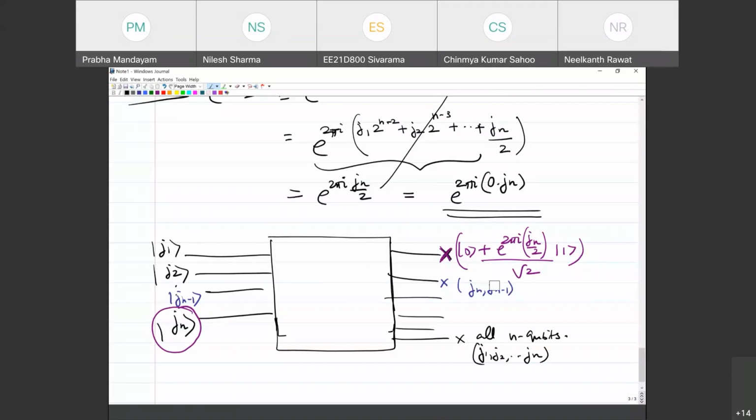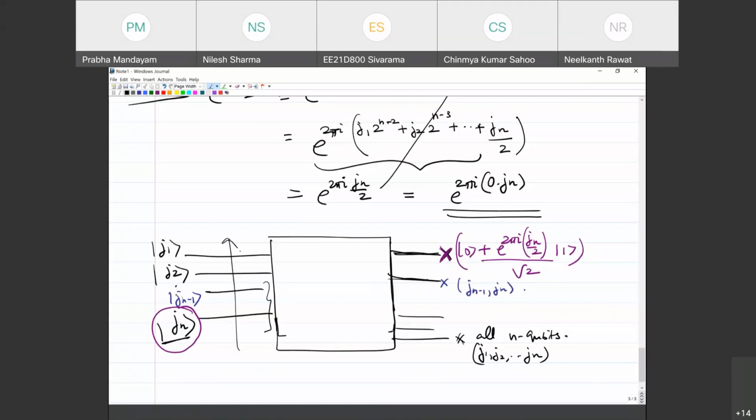Okay, so you notice therefore that there is a kind of swap happening, right? So somehow I have to condition this state on this one. I have to condition this state on these two. I have to condition this state on the 3 from the bottom, right? And this one has to be conditioned on all of them.